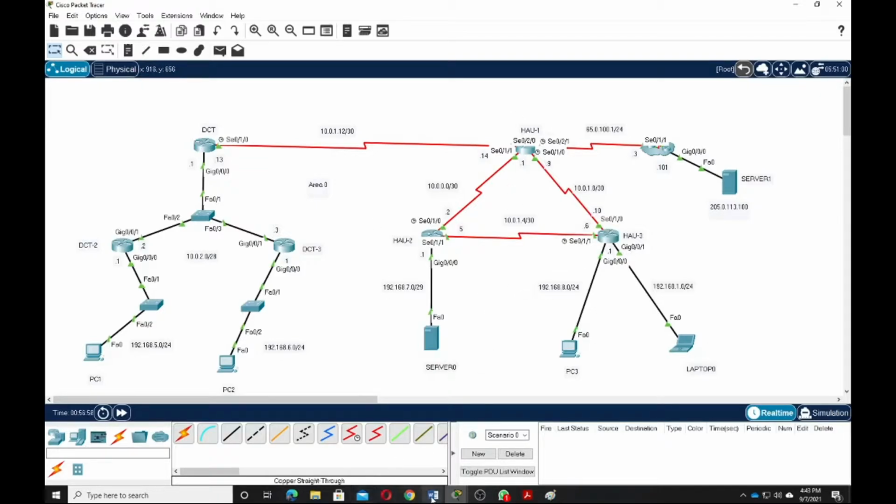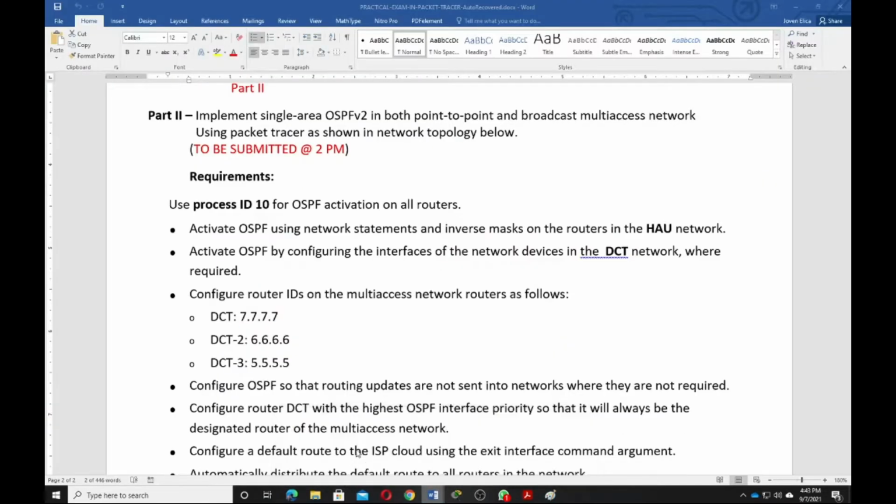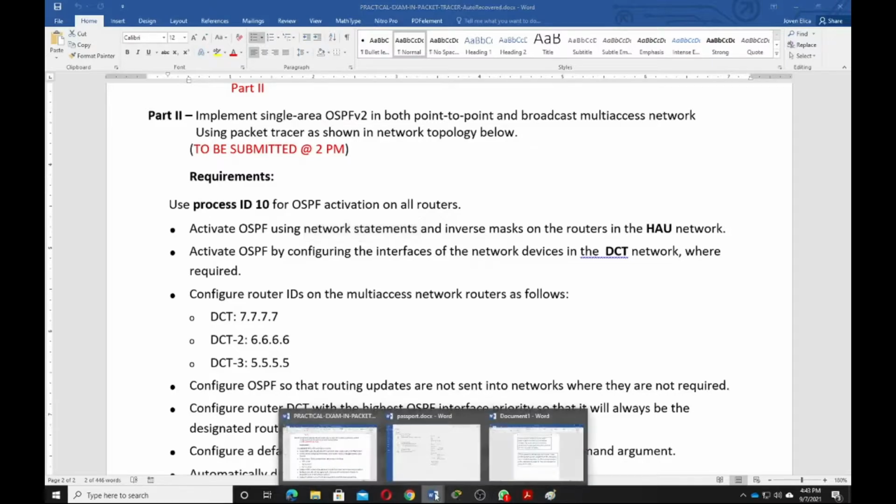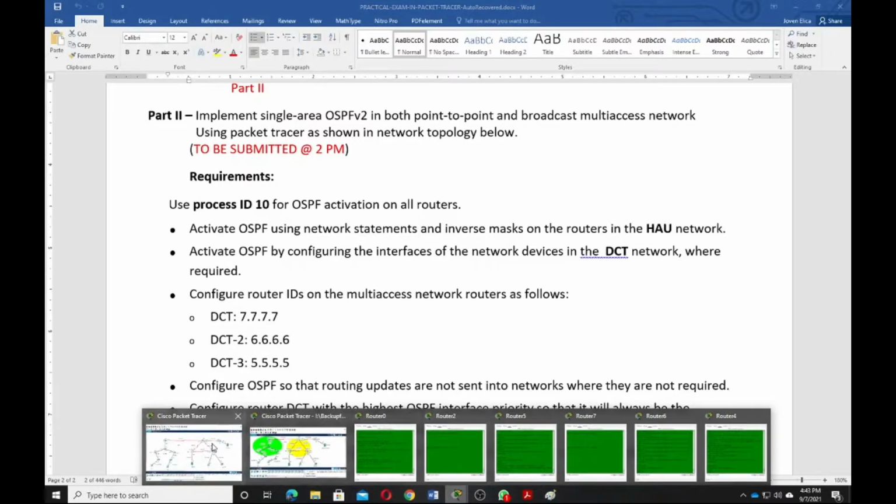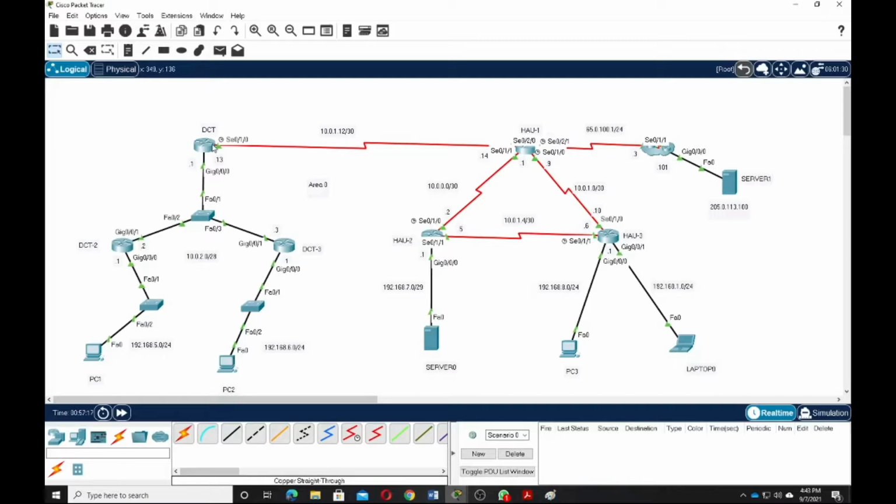The next requirement is to activate OSPF by configuring the interfaces of the network devices, using the interface command on the DCT network. So let's proceed with the DCT network.